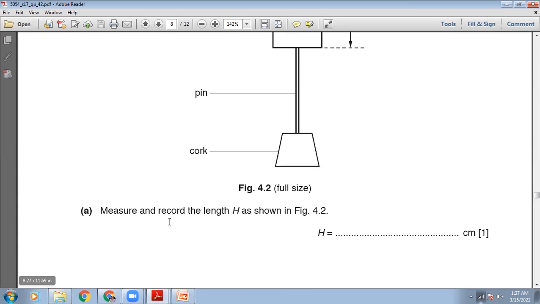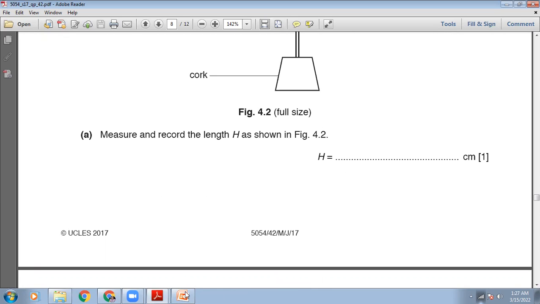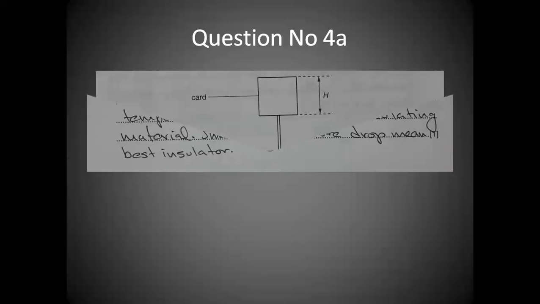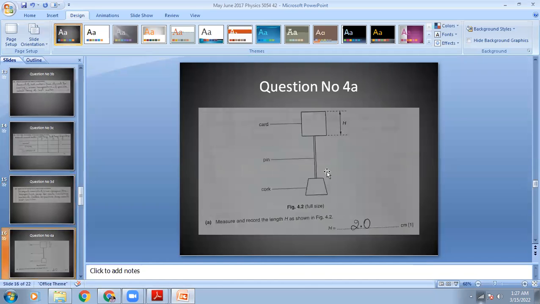It says measure and record the length H as shown in figure 4.1. So with the help of the scale, measure how much this is. I have measured it. It is 2 centimeter. So I have written that capital H is 2 centimeter.